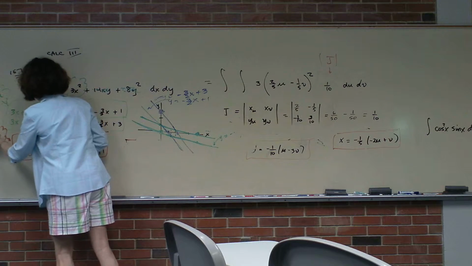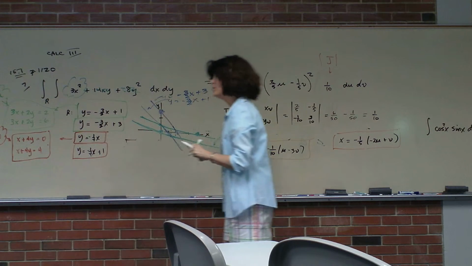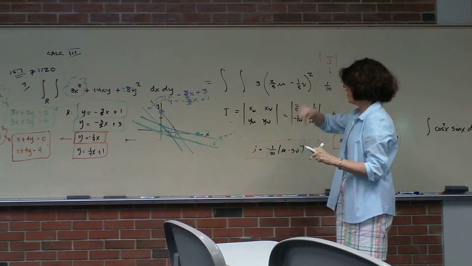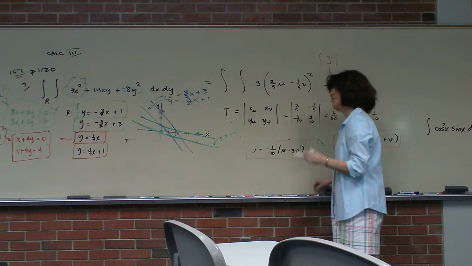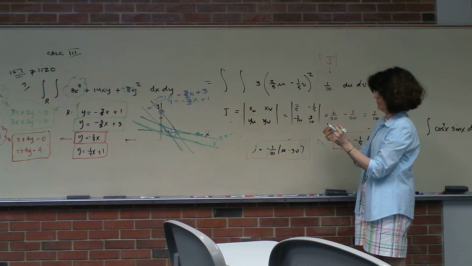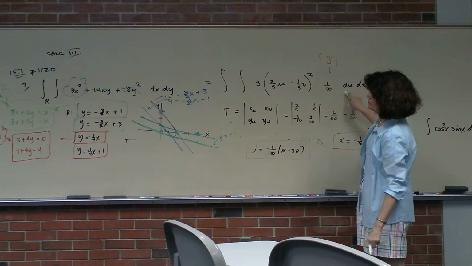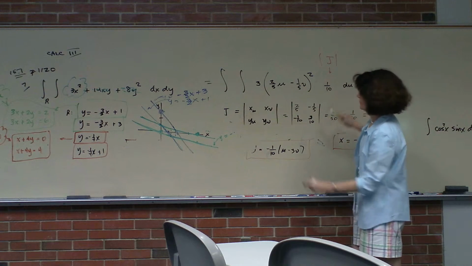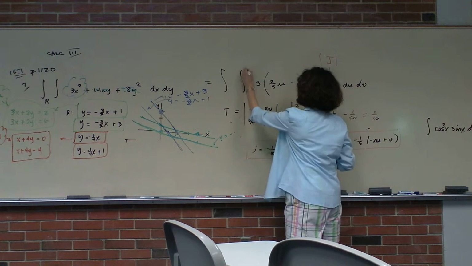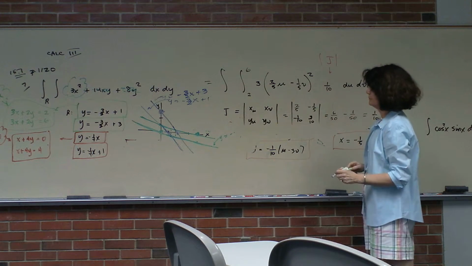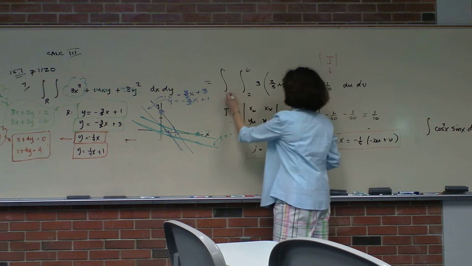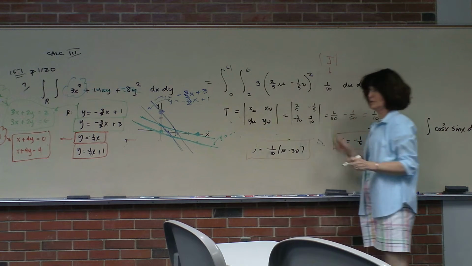If they're not, go back and see where you made a mistake, because these substitutions that were provided at the beginning of the problem were engineered to fit this region. So you got it? Michael Dobbs, U runs from? V runs from? And there we go. And then you would just integrate.